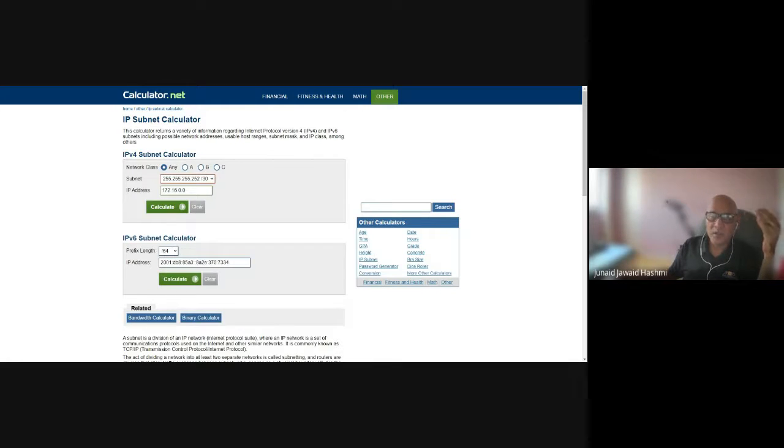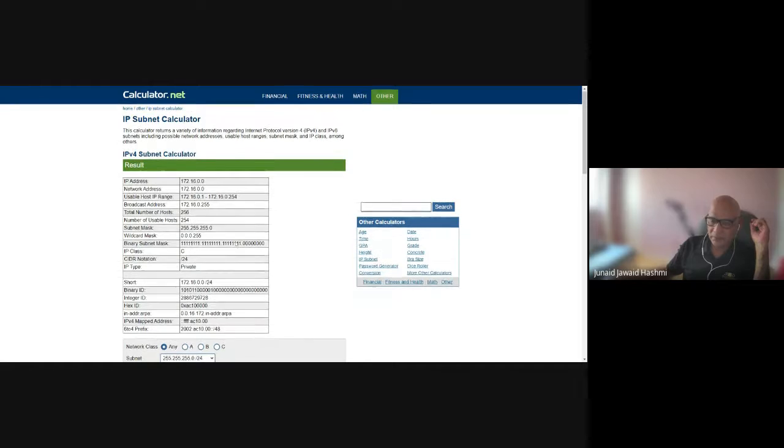So you will have 256 networks with 254 hosts in each network, which is good enough. So here we'll choose 24 bits, right? And it will give you all the network IDs and the host IDs in each network, and it will also give you the broadcast ID.